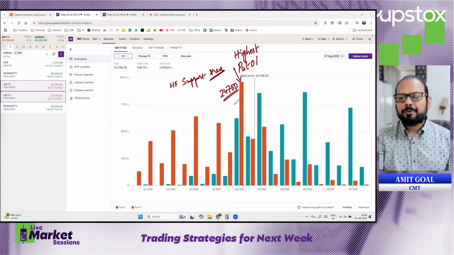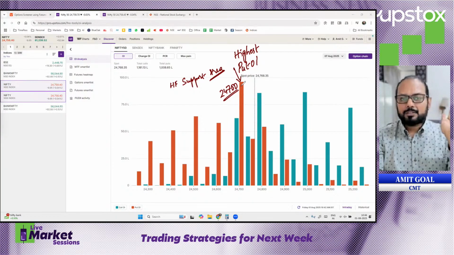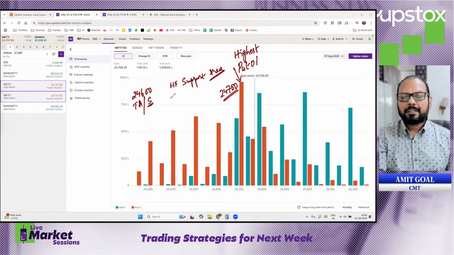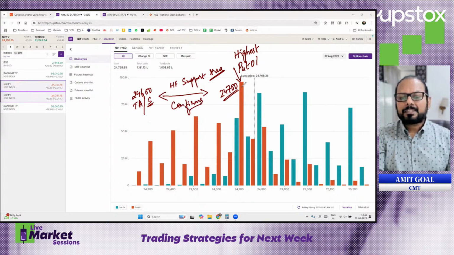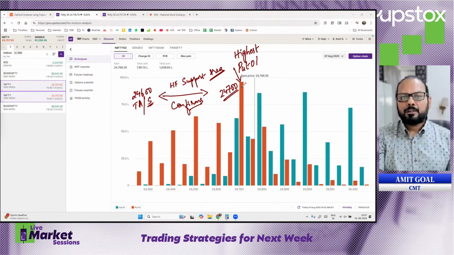All right. So if my support is around 24,700, and my technical analysis on the price chart also is telling me 24,600 as per TA is the support, it kind of confluences. So it kind of confirms कि यार यहाँ पर एक support build हो रहा है from the high frequency data point, and from the price action also it is kind of confirming this, right?